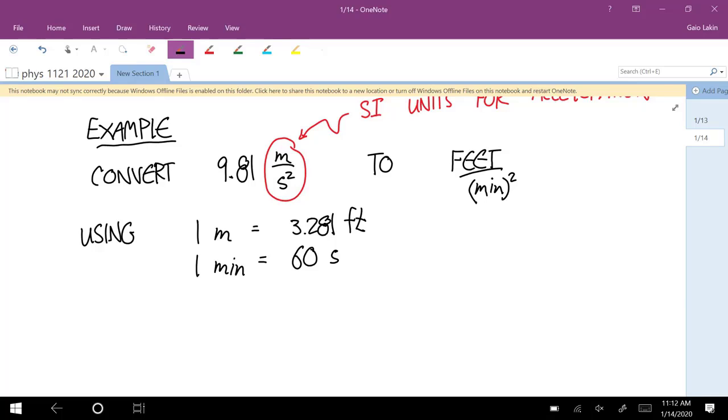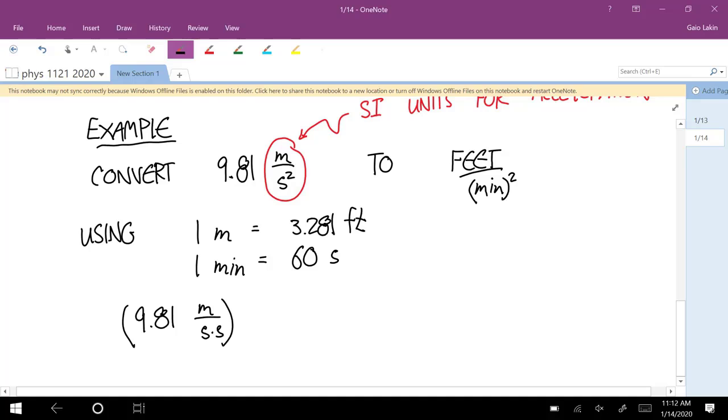So we have 9.81 meters per second squared. I'm going to write this as seconds times seconds. Okay, so we're going to start with that.